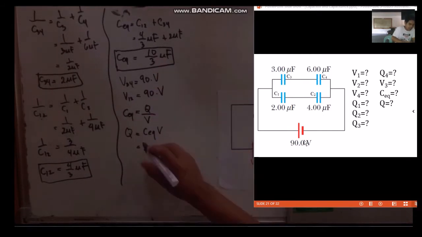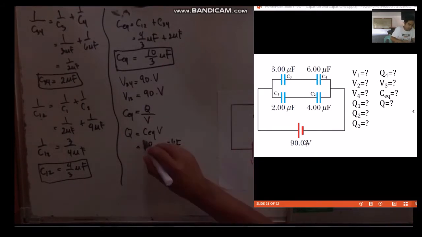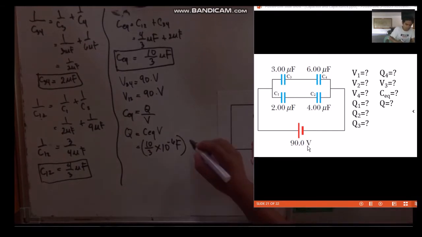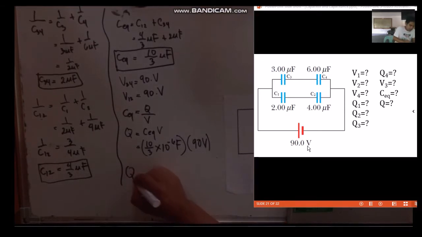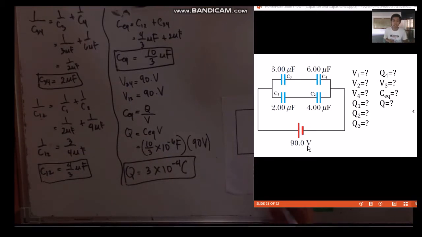That's 10 over 3 times 10 to the negative 6 farad, since this is microfarad, multiplied by the total voltage of the circuit, which is 90 volts. So the total charge would be equal to 3 times 10 to the negative 4 coulomb. Please double check using a calculator. Okay, so that's the total charge.